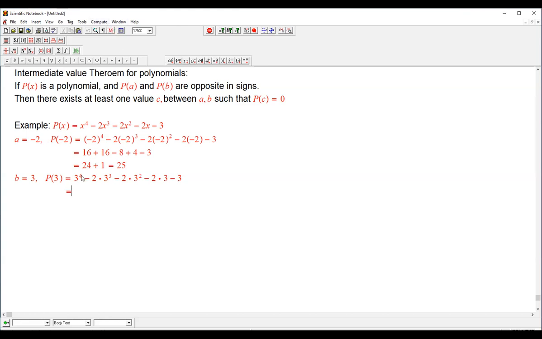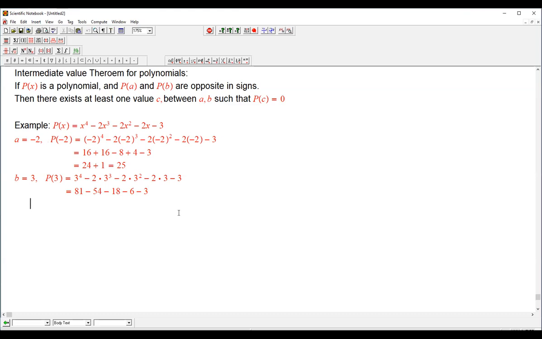That's going to be 81, 3 to the power 4, that's 81, minus 2 times 3 to the power 3, 27. So 2 times 27 is 54. Minus 2 times 9, that's 18, right? 18. Minus 6, minus 3.